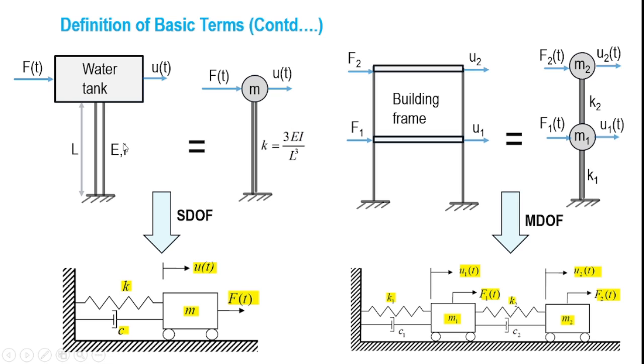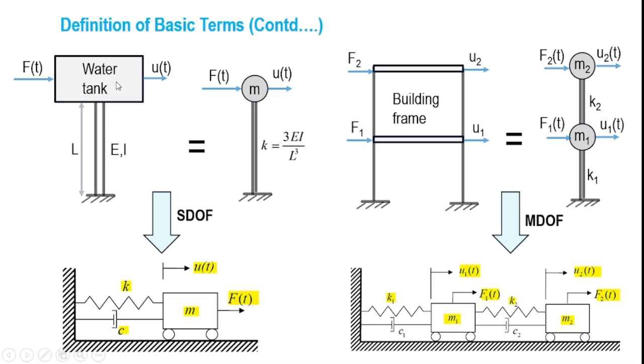And here you can see that the geometry as well as the material characteristics are prescribed. E is nothing but the Young's modulus of elasticity for the column material, I is the total moment of inertia of the number of columns about its axis of bending, and L is nothing but the elevation of the water tank.